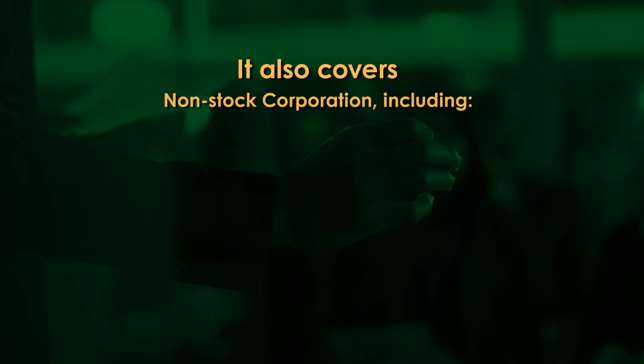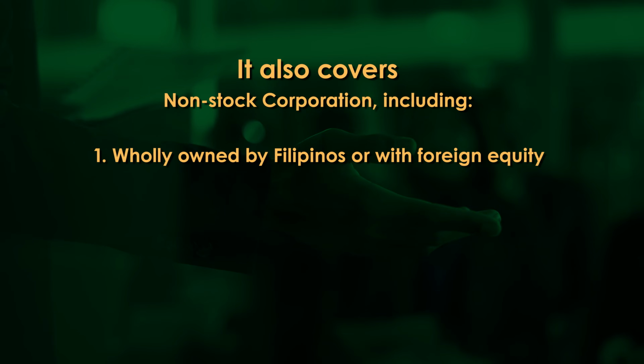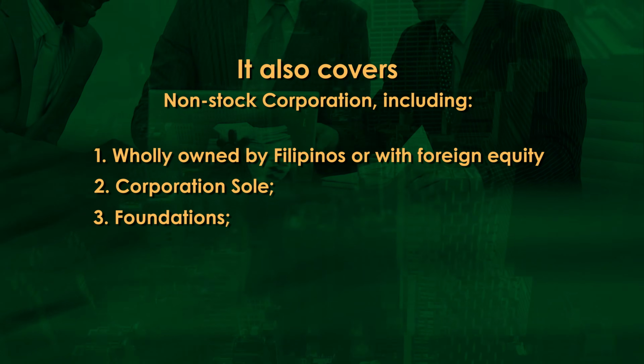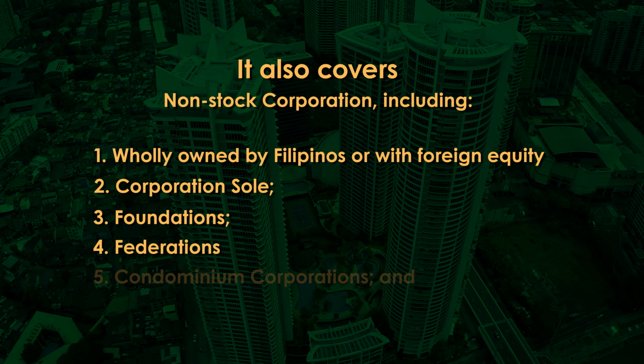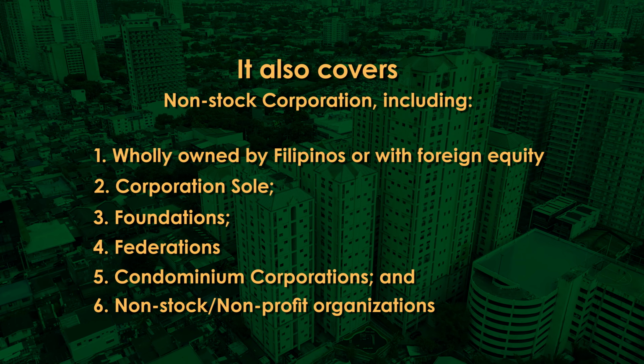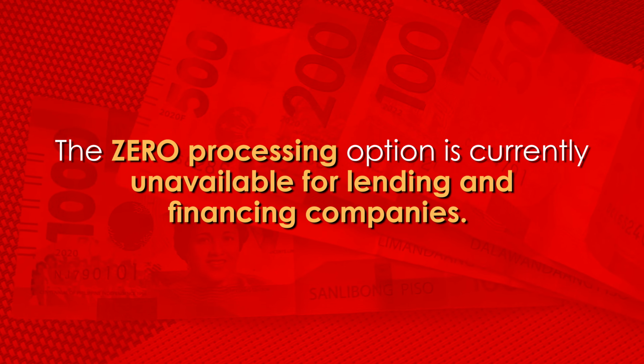It also covers non-stock corporations that are wholly owned by Filipinos or with foreign equity, corporations, foundations, federations, condominium corporations, and non-stock or non-profit organizations. The zero processing option is currently unavailable for lending and financing companies.